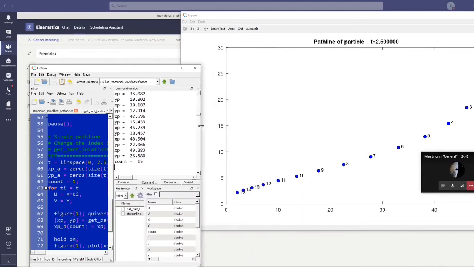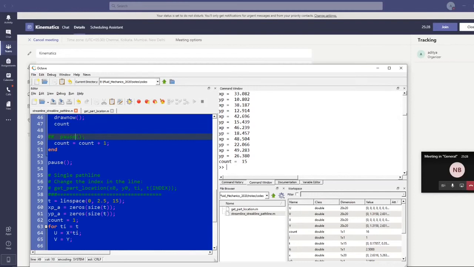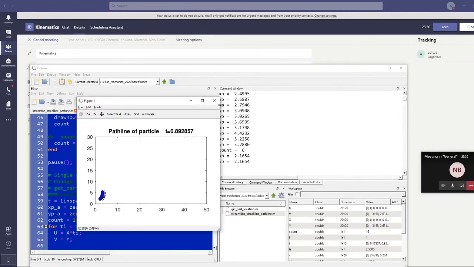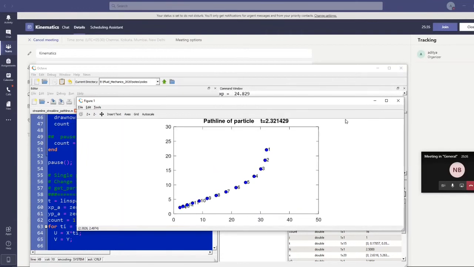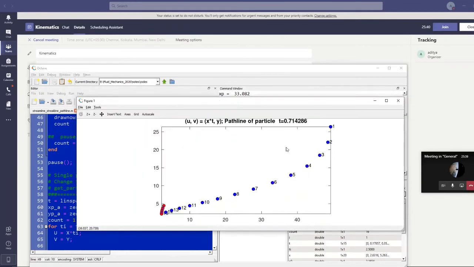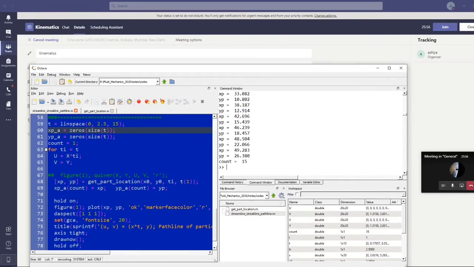Let me draw, so this is the streak line. This trajectory was the path line for the first particle. Let me draw the path line for the second particle.